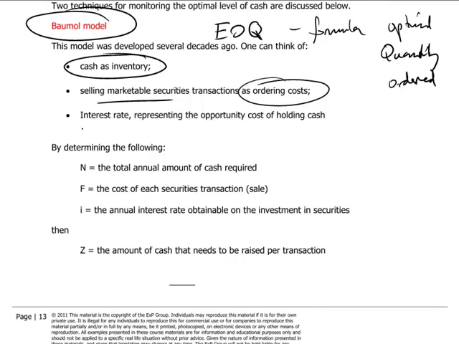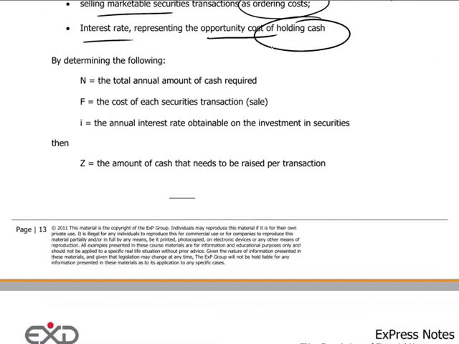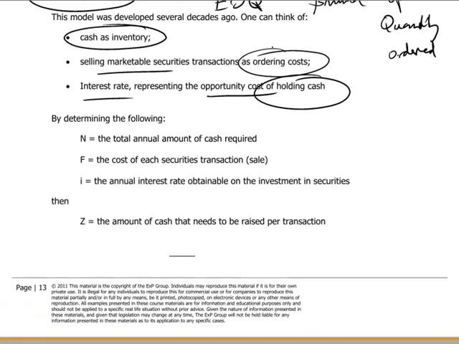Also, the interest rate, of course, with holding cash represents an opportunity cost because we could be earning interest by investing the cash. So we might look at holding cash as being kind of a holding cost, analogous also to the economic order quantity.